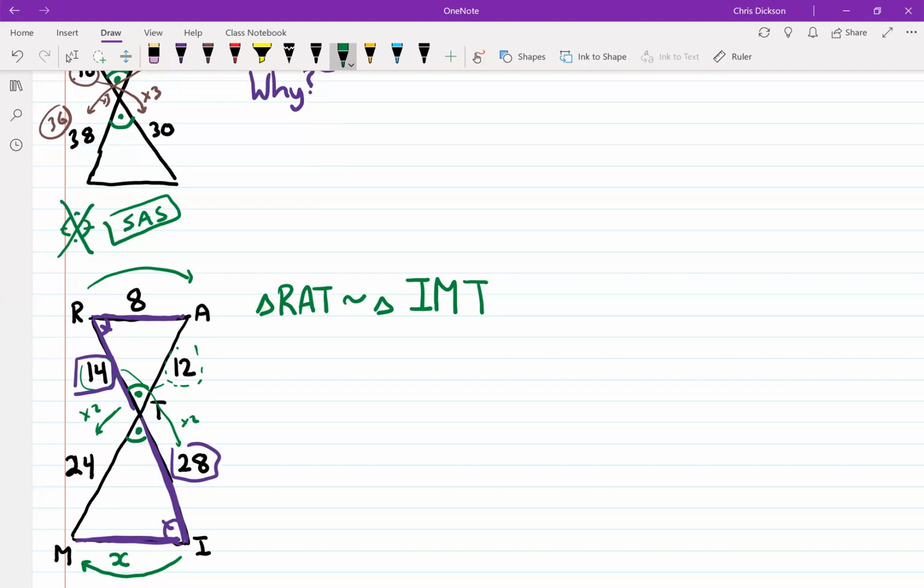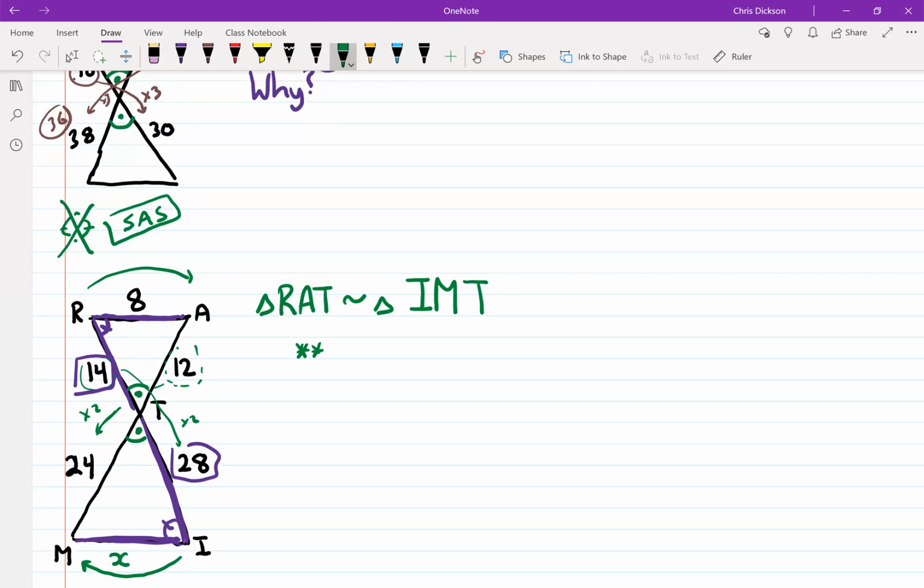Okay, so here's the tricky part now. If that's true, then this will be true about all the ratios: if you take RA and you divide it, I'll do it the other way, actually. Let's take the bigger ones.